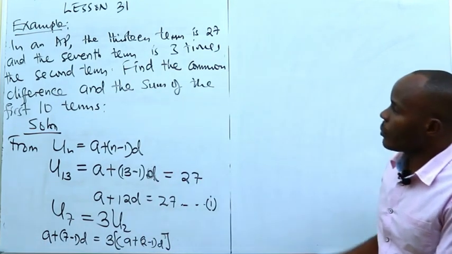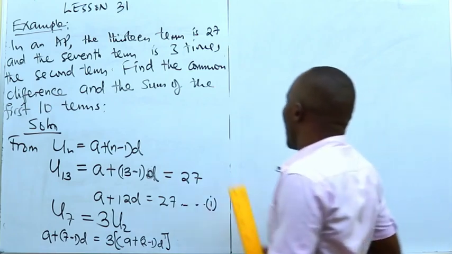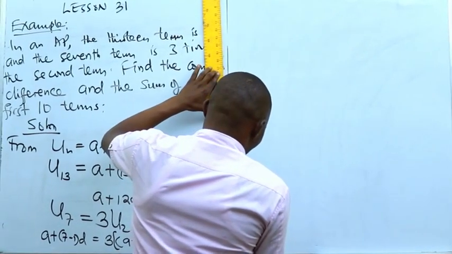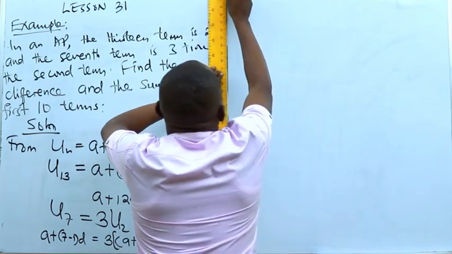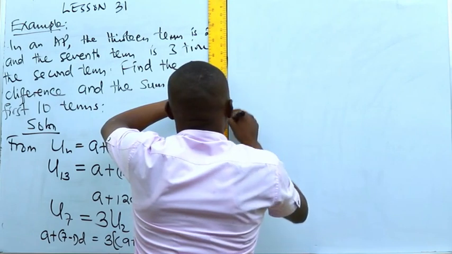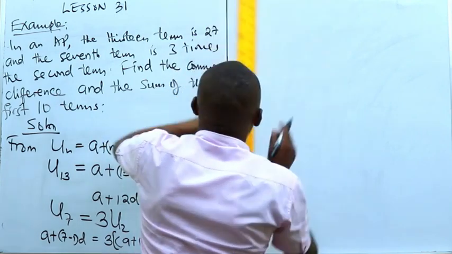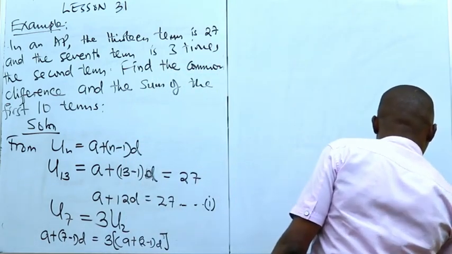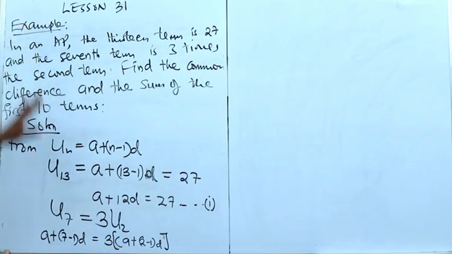After deriving the sum of any terms of an arithmetic progression, which we have just derived in our lesson 30, we had to go ahead and try out a few questions, and one of the questions is this one here.